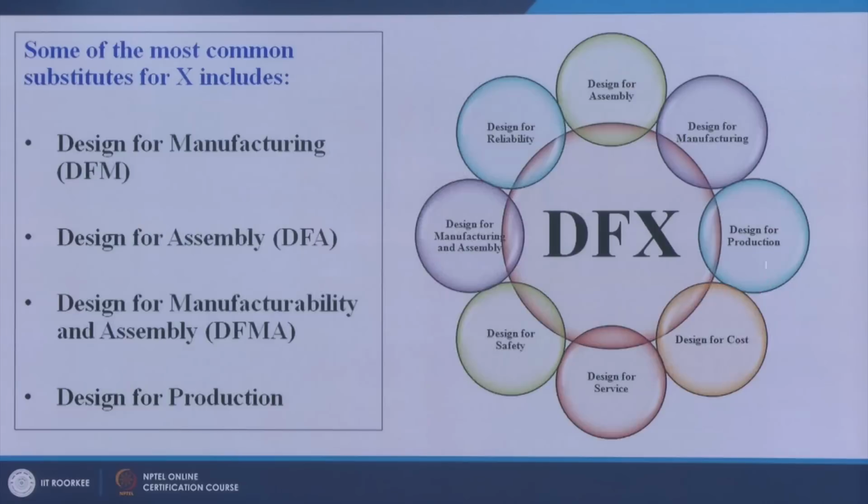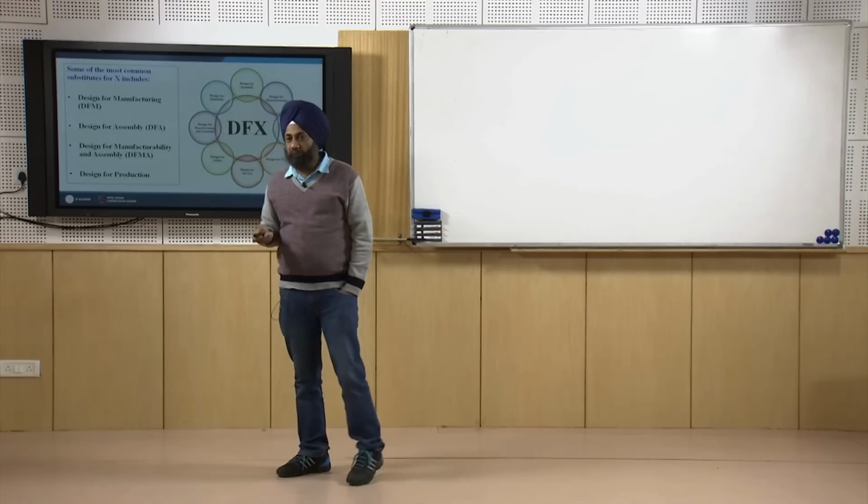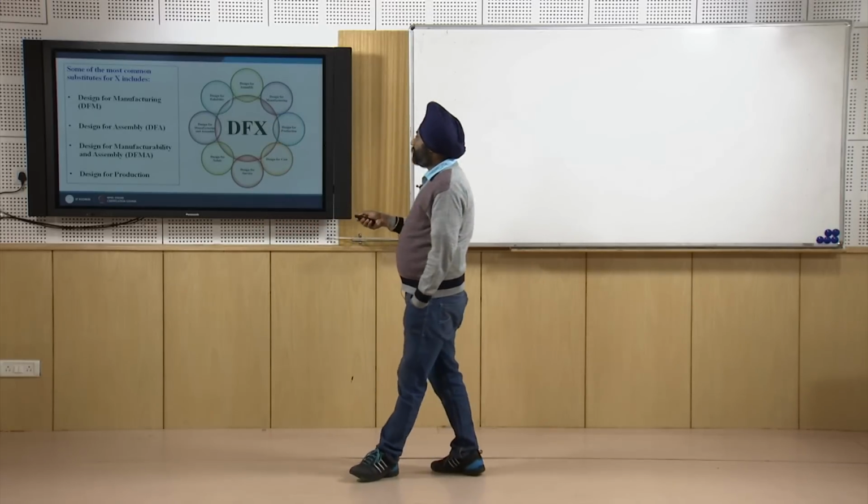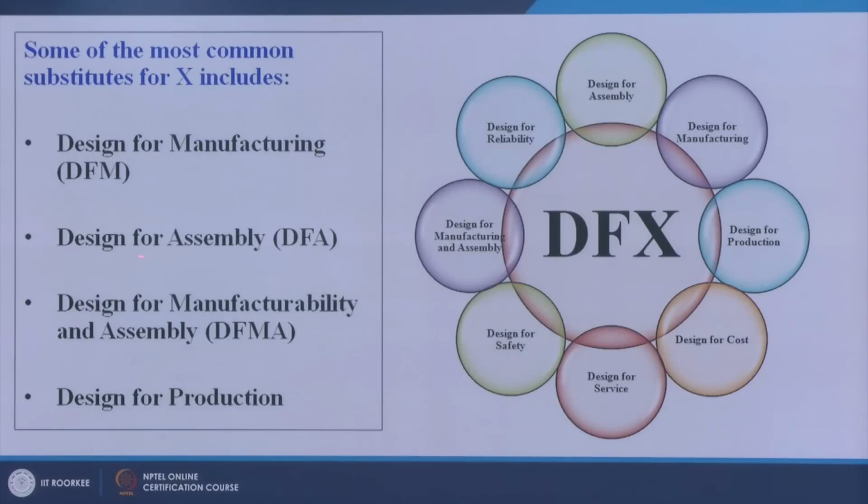Now this is a very good diagram. You can see some of the common substitutes for X, as I have told, design for excellence, design for X. X can be substituted. So here are a few examples: design for manufacturing, design for assembly, design for manufacturability and assembly, design for production, and on this side you can see design for cost, design for service, design for safety, design for reliability.